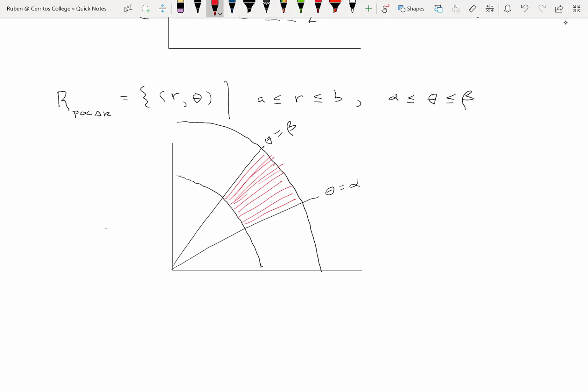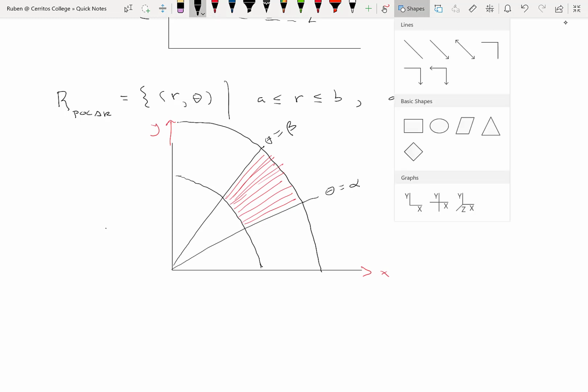So let's consider drawing what it might look like in 3D. So in 3D, just what we've looked at so far, this R polar is the base of our region. Okay, this is in the polar plane, or the xy plane, if you will, placed on top of the polar plane. So now let's take a look at what we're talking about in 3D.